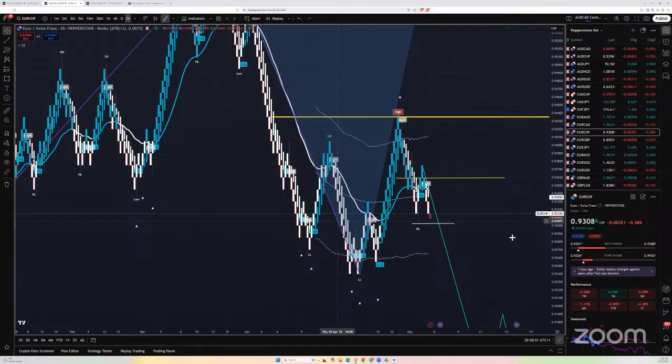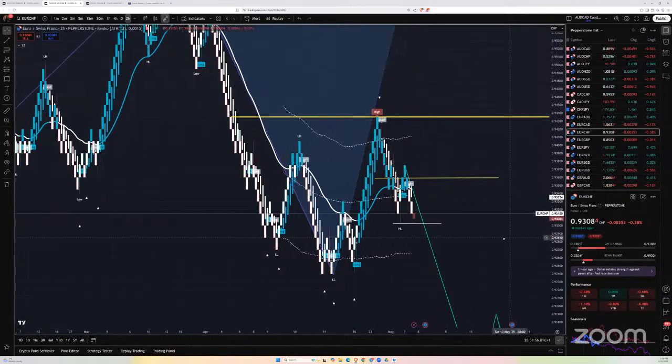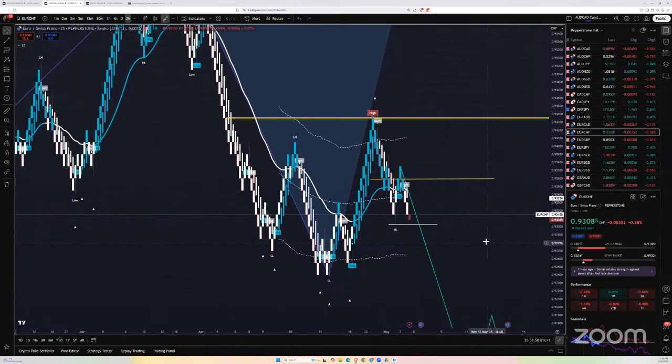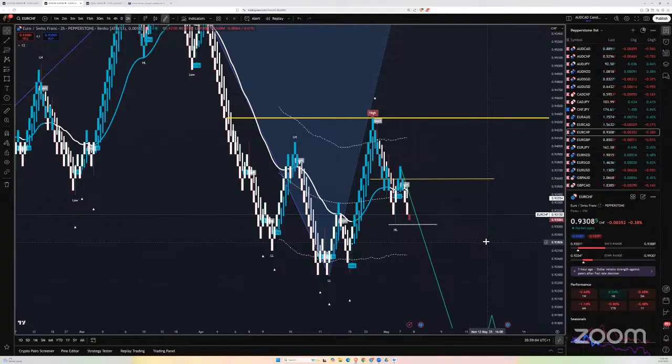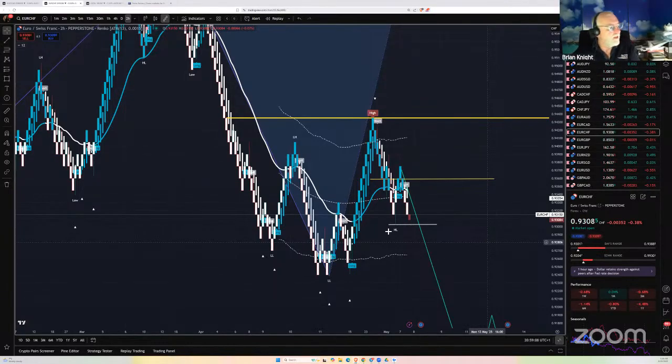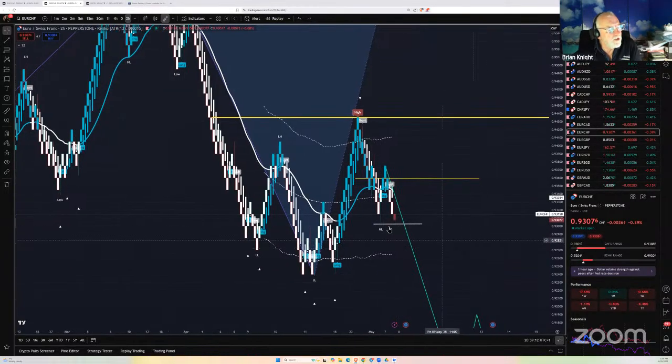So it could possibly just push back up to take out this yellow line, because actually you have a lower low, and a higher low. But that's why I just said it would need to break this wick for it to continue down any further.